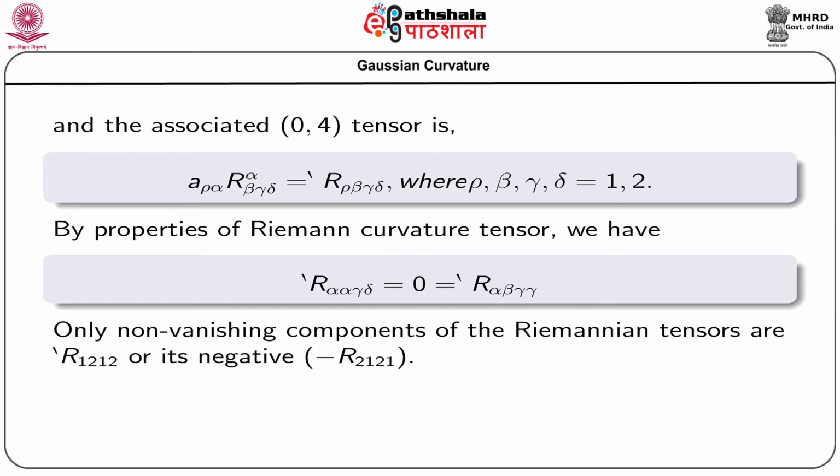The only non-vanishing components of the Riemannian tensor are R dash 1212 or its negative. So, only these two Riemann curvature tensors will not equal 0, others will be equal to 0.